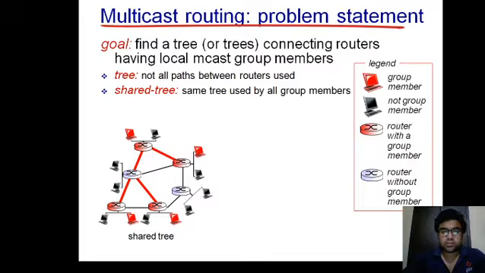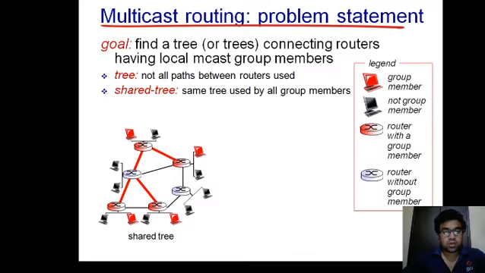But in case of broadcasting, as I told you, there is a universal broadcast address, 255.255.255.255. Whenever a node finds that address in its destination IP address field, then that node has to broadcast that packet to all the other nodes directly connected to it.